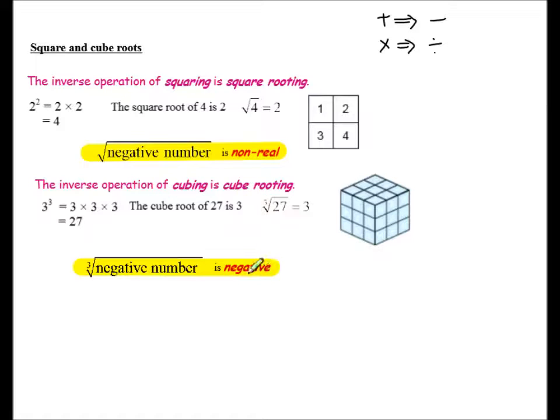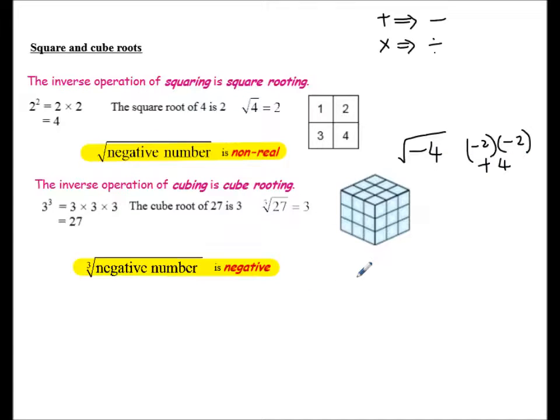Now the reason for this is because I cannot find the square root of negative 4. It is not negative 2, because negative 2 multiplied by negative 2 will give you positive 4, not negative 4.